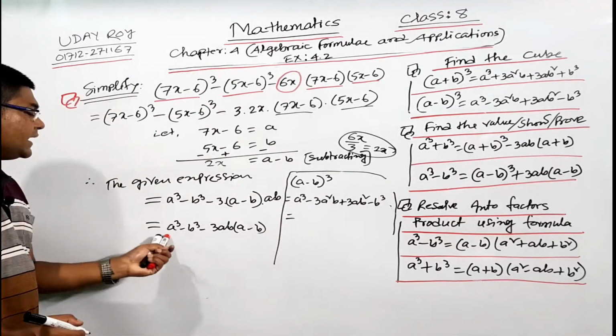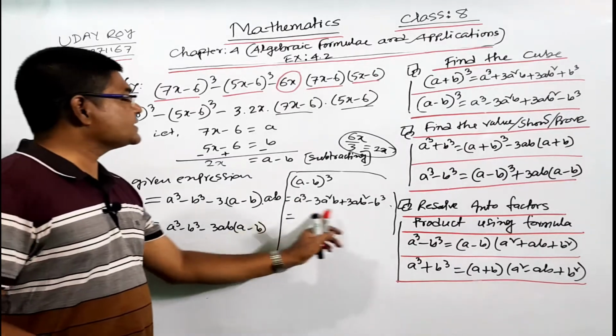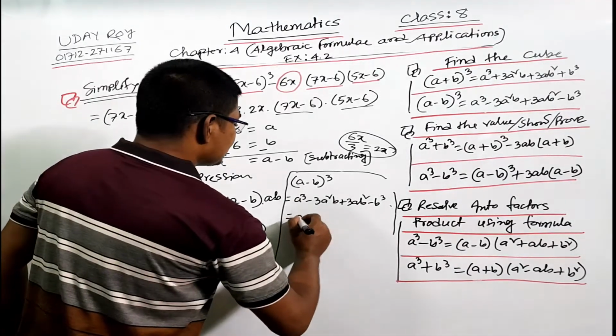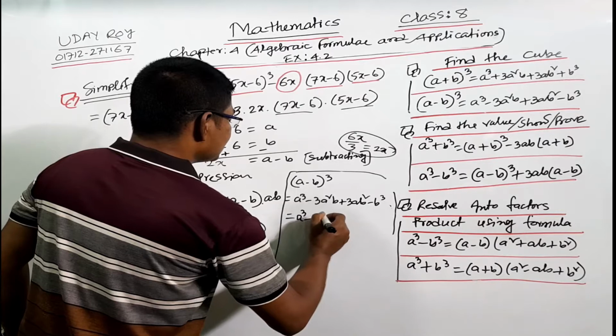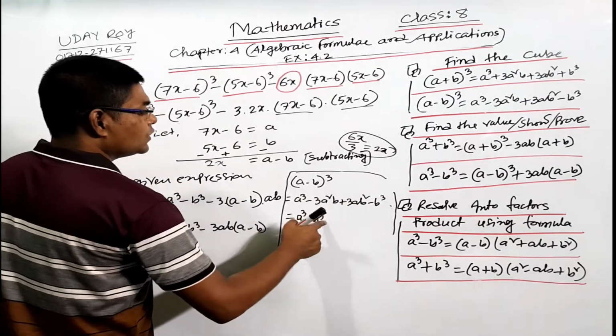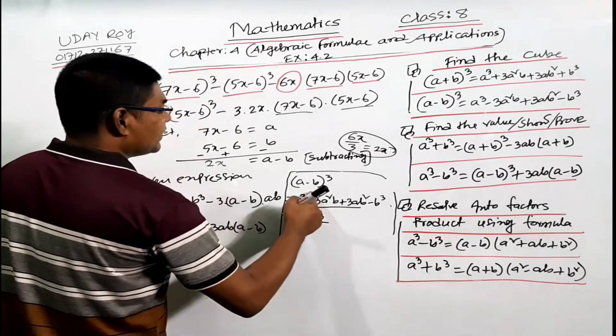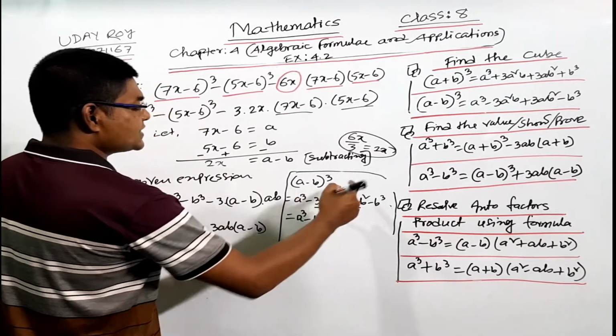Here is a cube minus b cube at first. So if we rearrange, a cube minus b cube, here is a cube, here is b cube. We will take common from here: minus 3a square b plus 3ab square.